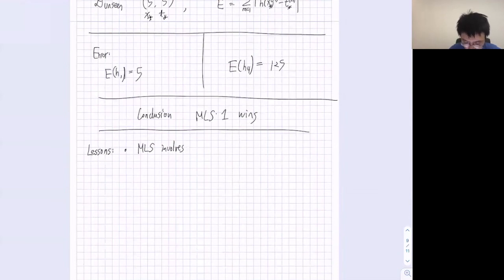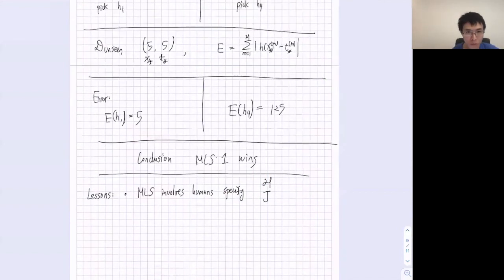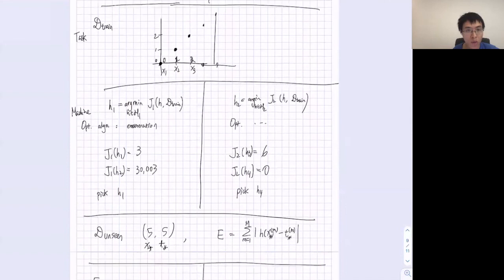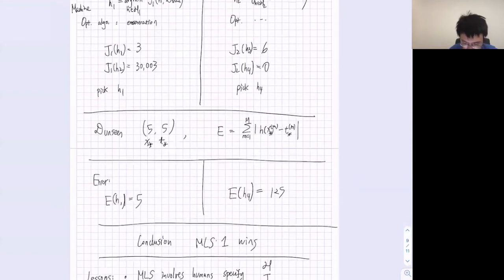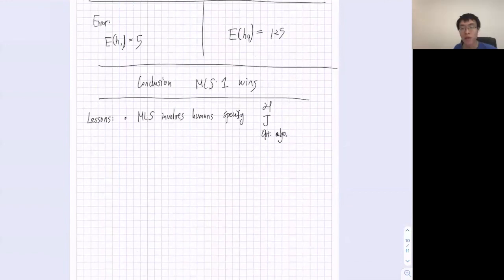It involves humans to specify what is the hypothesis class, what is the selection criteria, and what is my optimization algorithm. I haven't given much example here because it's simple, it's a finite hypothesis class. And also maybe it is possible for you to collect the training set. Okay, you can adjust your training set. Maybe you can add something.